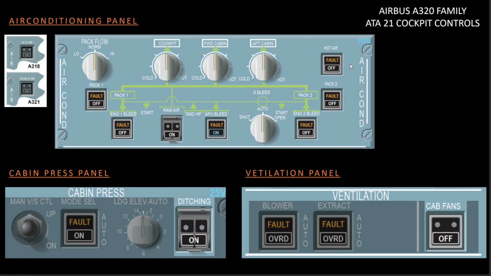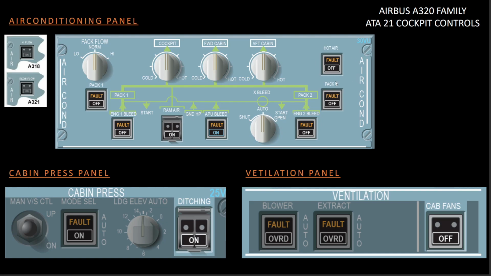At the same time, if you can remember, there were duct temperature sensors, and if at least one duct detects a temperature above 88 degrees Celsius, the trim air pressure regulating valve will automatically close, and with that all the trim air valves, that is quantity 3 if you don't have the optional cargo heating system, will also close, and this fault light will remain until that condition goes off.